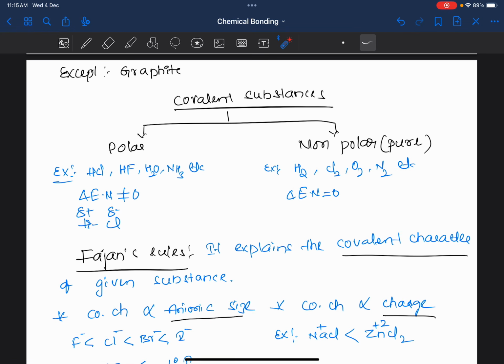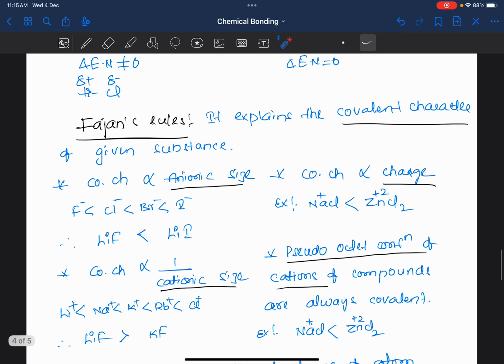In non-polar substances, the electronegativity difference is 0. These are very important parts. For polar substances, the electronegativity difference is not equal to 0, but for non-polar substances, it is equal to 0.